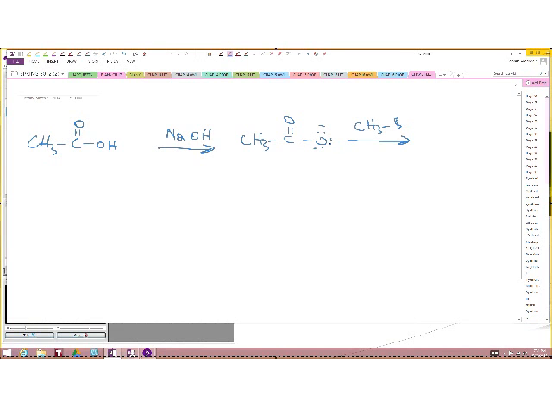You will then take methyl bromide or methyl iodide. In this case, you do an SN2 reaction, and that gives you this.